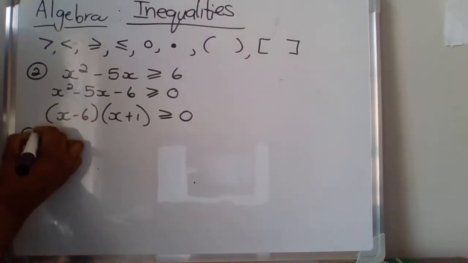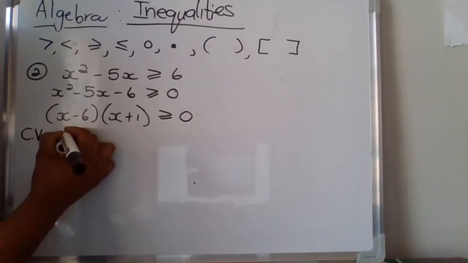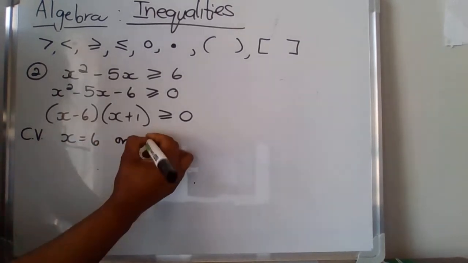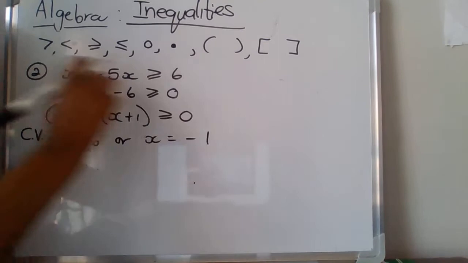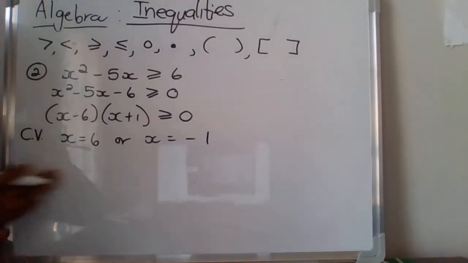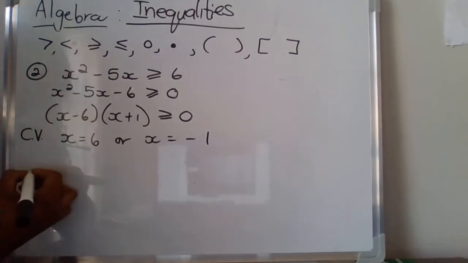So my critical values are going to be where x is equal to 6 or x is equal to minus 1. So now I go and draw my table.